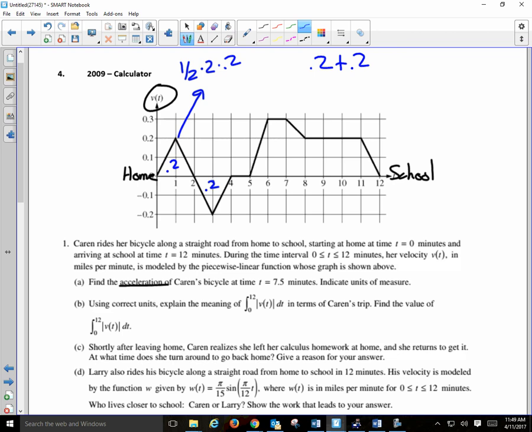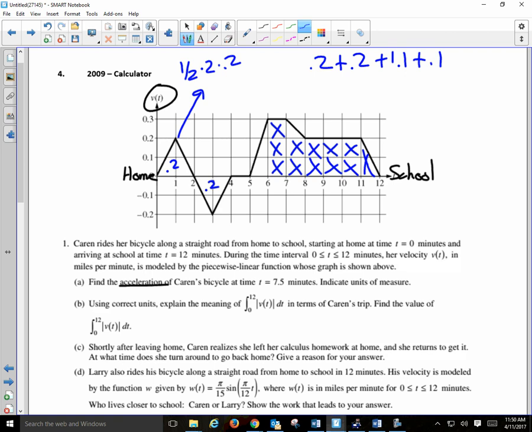And now, how much is each one of these boxes? 0.1. So we got 0.1, 2, 3, 4, 5, 6, 7, 8, 9, 10, 11. So plus 1.1. These last two, if we do base times height and divide by 2, so base is 1 times height is 0.2, and then divide by 2, I get 0.1. And then how about here?